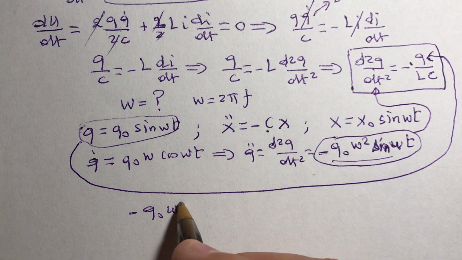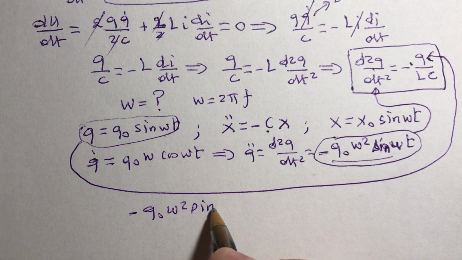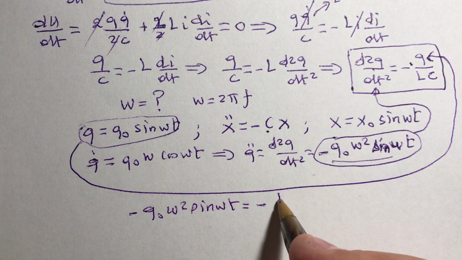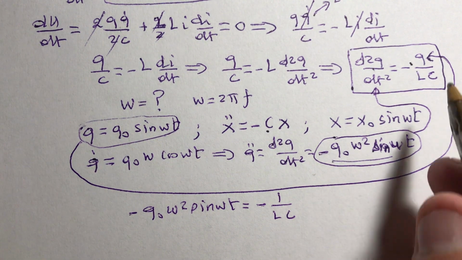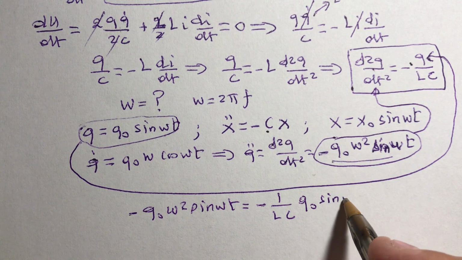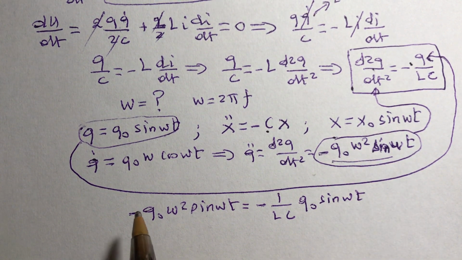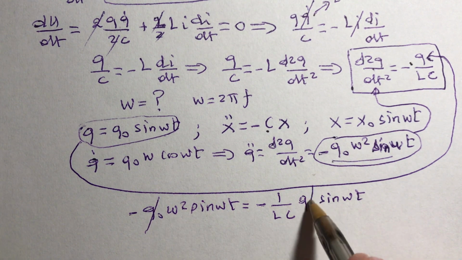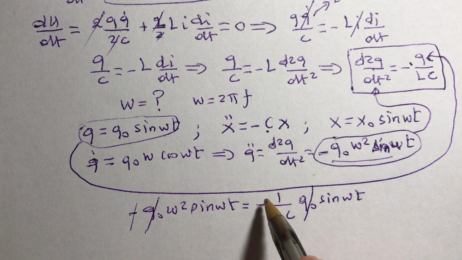Q0 omega squared sine omega t is equal to minus 1 over LC, and then I have to put Q, Q0 sine omega t. Look at this. Q0 cancels. Minus cancels.